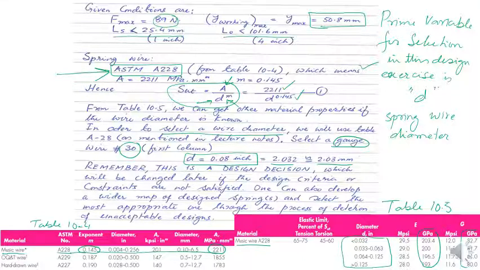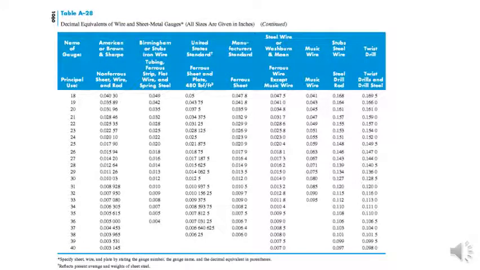This is selected from table A28, and we will do all the calculations based on this design decision, and later we will see whether the design is acceptable or not. So here I put the table, which is not in your notes. I have added it here.